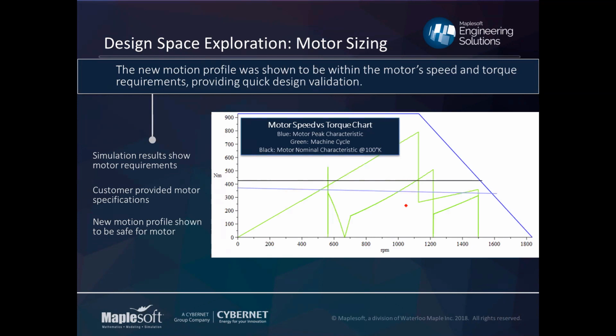And that is just a one-way ticket to machine damage. So we're able to show them that for this new motion profile, the intended duty cycle fell entirely within this new motor, and by a really healthy amount. This motor isn't drastically oversized. We're using a really well-sized motor for this task.